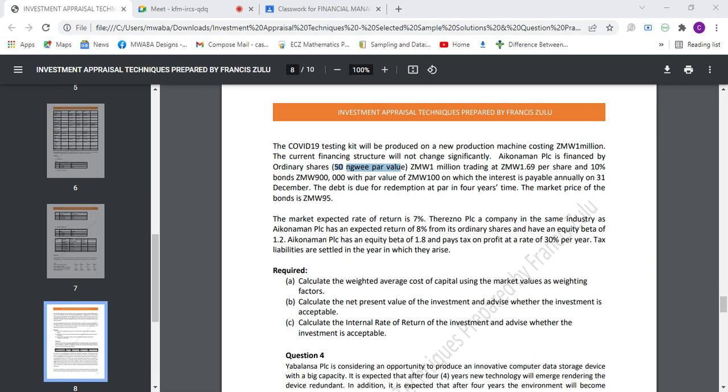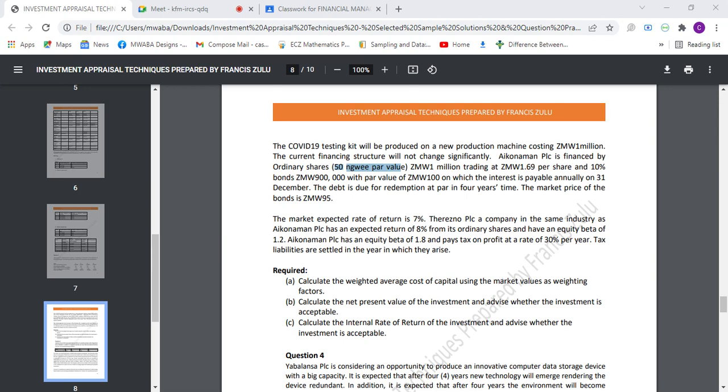Hi, Mr. Mava. Yes. How are you? I'm well, thank you. So my question is, every time we're presented with this question, are we supposed to start by finding the value of equity? Yes, always the first thing, find the market values of equity and debt.